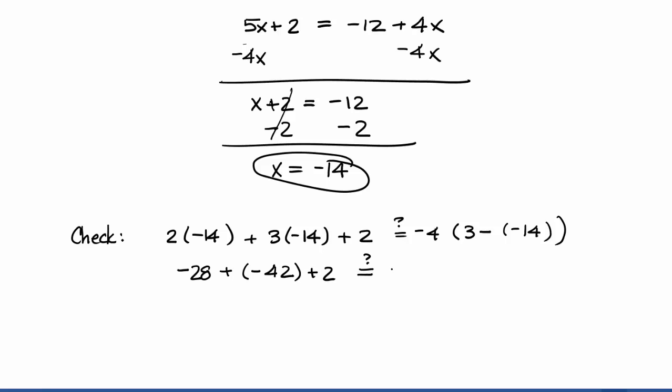Does that equal negative 4 times, and then 3 minus negative 14 is just the same as 3 plus 14, so that's 17. Right, so if I add these together, I have negative 68 on this side. And does that equal negative 4 times 17? Right, the answer is negative 68. And yep, I got the right answer.